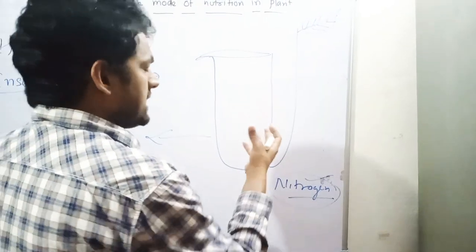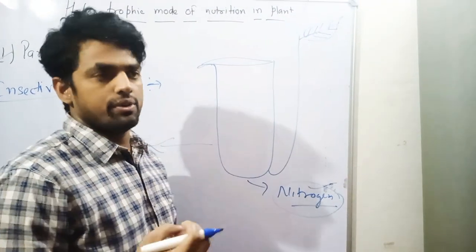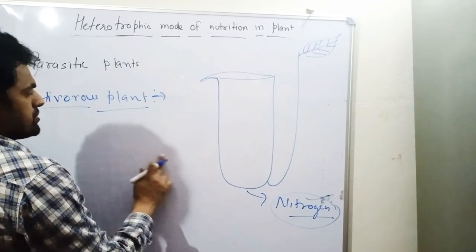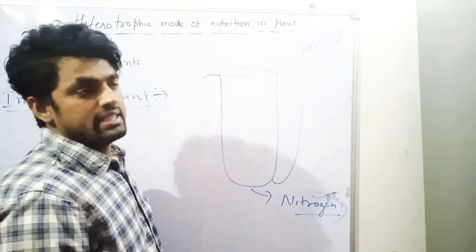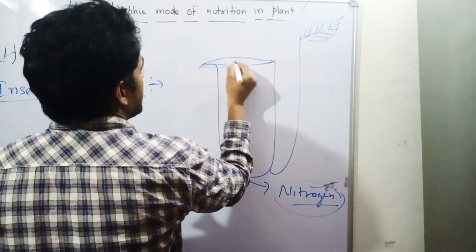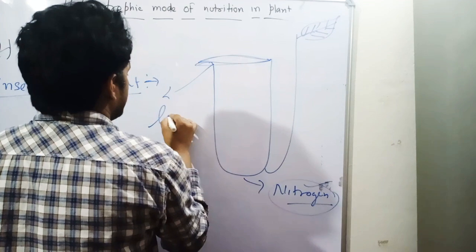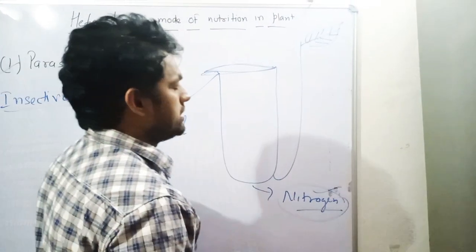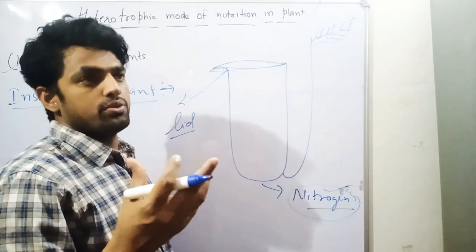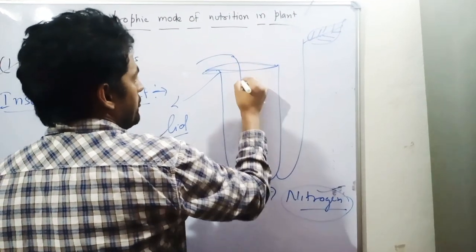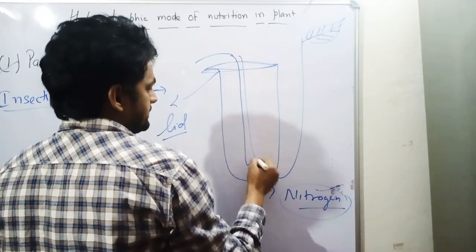In order to get that nitrogen, nutrition, protein, they trap insects. How do they trap insects? This part of the pitcher plant is known as the lid. They look very beautiful. The insects come here to take juice and they fall into that part.